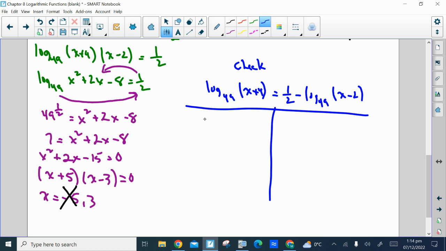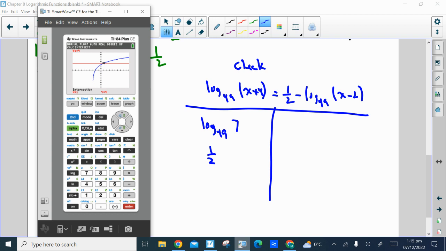So when we let x equal 3, on the left side we'll have log base 49 of 3 plus 4, which is 7. And this is asking us 49 to what power equals 7, which is a half. 49 to the 1/2, which means the square root of 49 does equal 7.